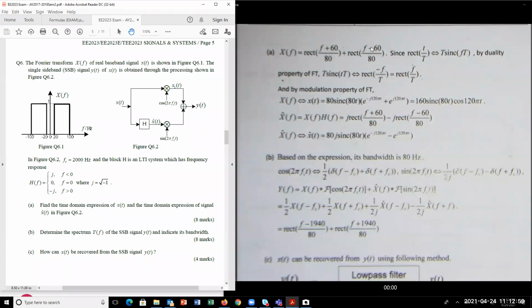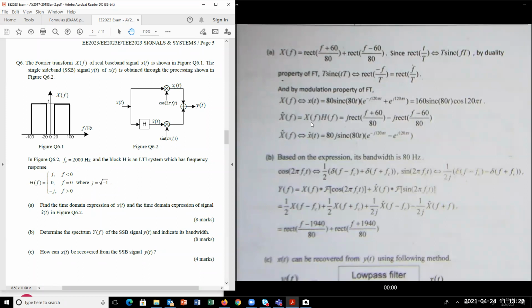If you do the inverse Fourier transform of this, you will get the two sinc functions. Xt will be 80 sinc, the rect becomes sinc, and the shift in F becomes an exponent. Similarly, this one will have, I took out the 80 sinc already, the two exponent terms, which can be converted into cosine. So that is your xt over here.